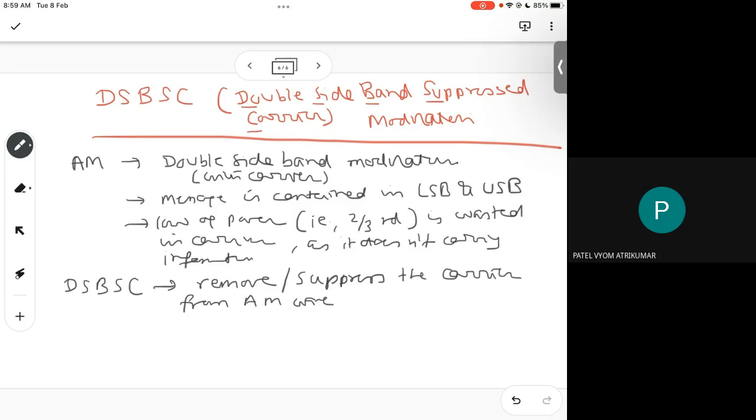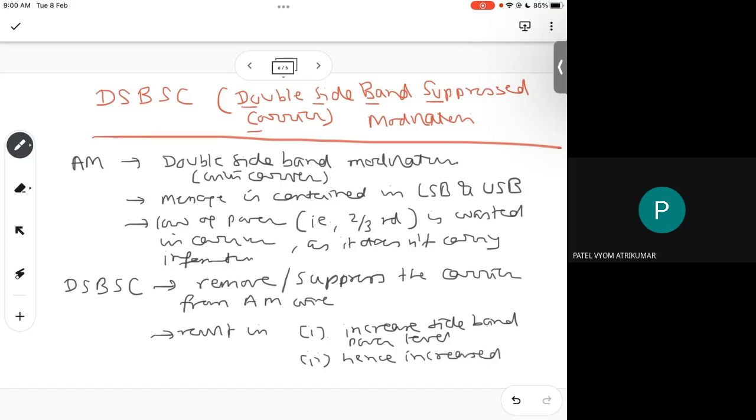Now it will result in an increased sideband power level, and hence increased power efficiency. So that is the advantage. Let's see how we are getting the disadvantage.